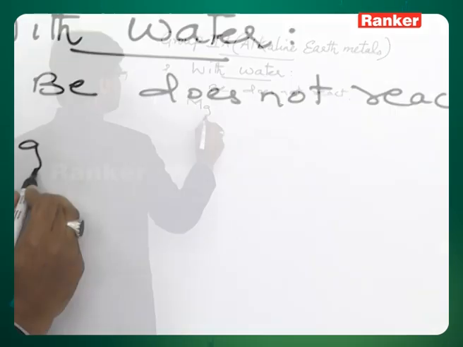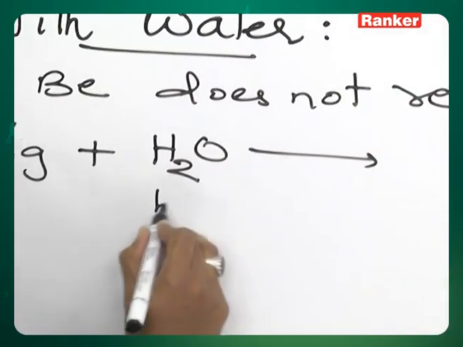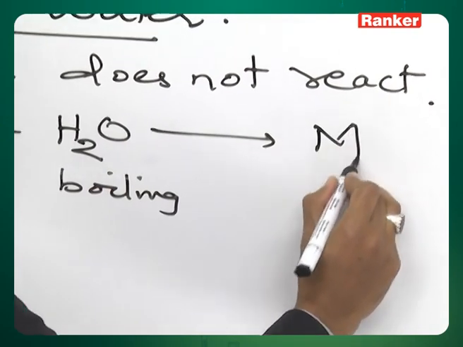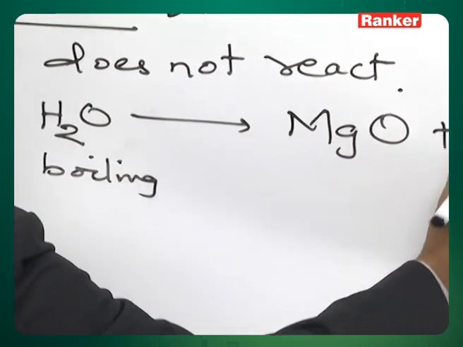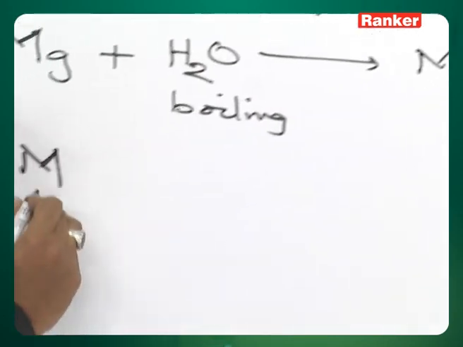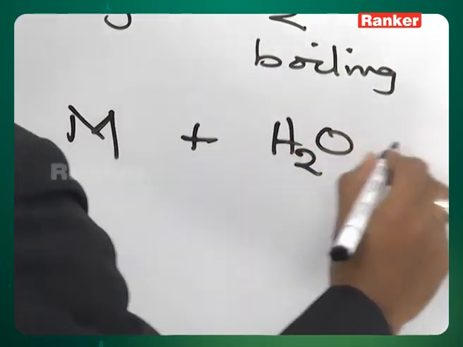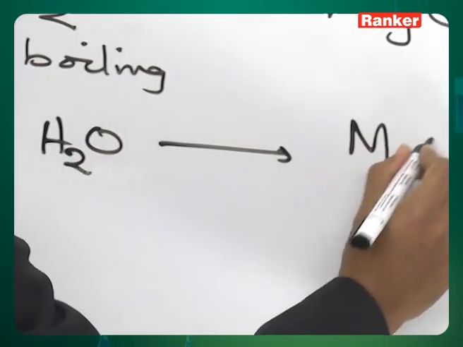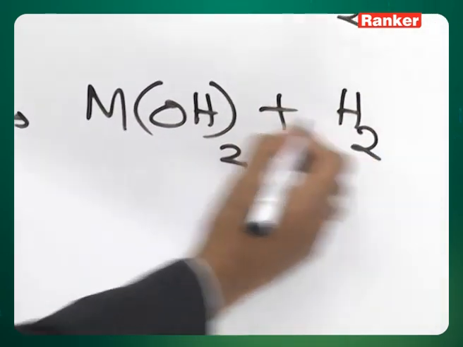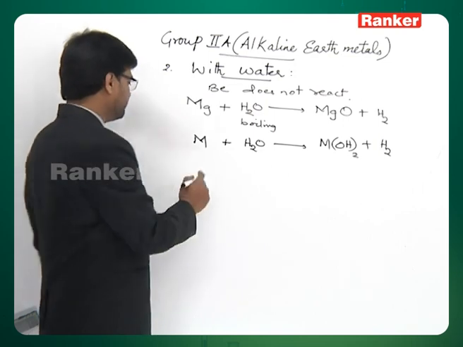Magnesium reacts with boiling water, and you get magnesium oxide and hydrogen gas. Others react even under ordinary condition and give M(OH)2 and hydrogen gas. This M can be calcium, strontium or barium.